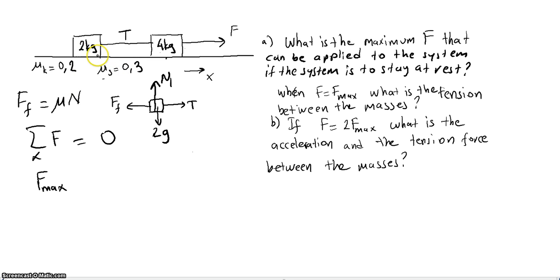If the system were in motion, then we would use the kinetic coefficient of friction, mu k. There are always two kinds of coefficient of friction: the static one, usually denoted by mu s, and the kinetic one, denoted by mu k, and as always mu s is larger than mu k.